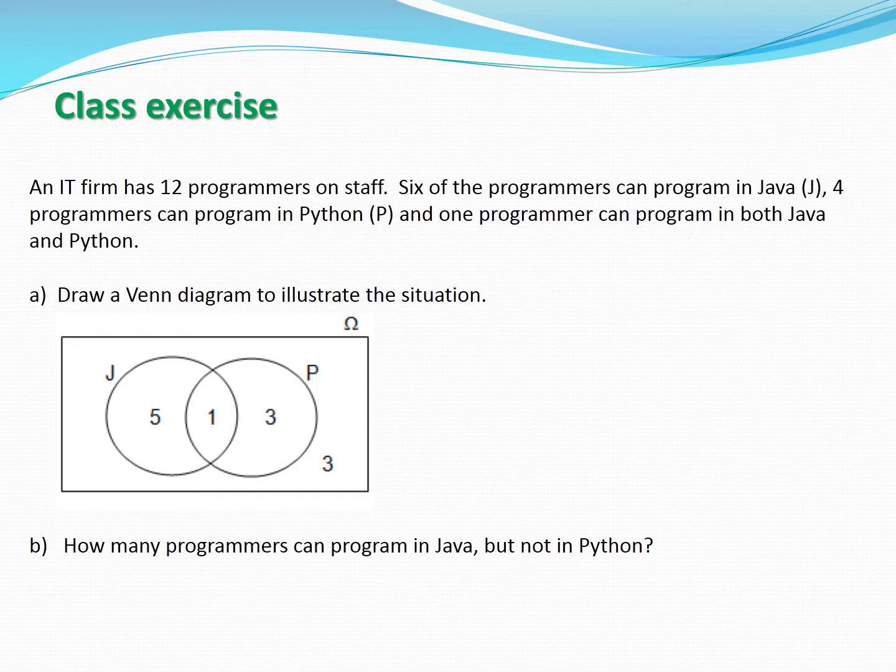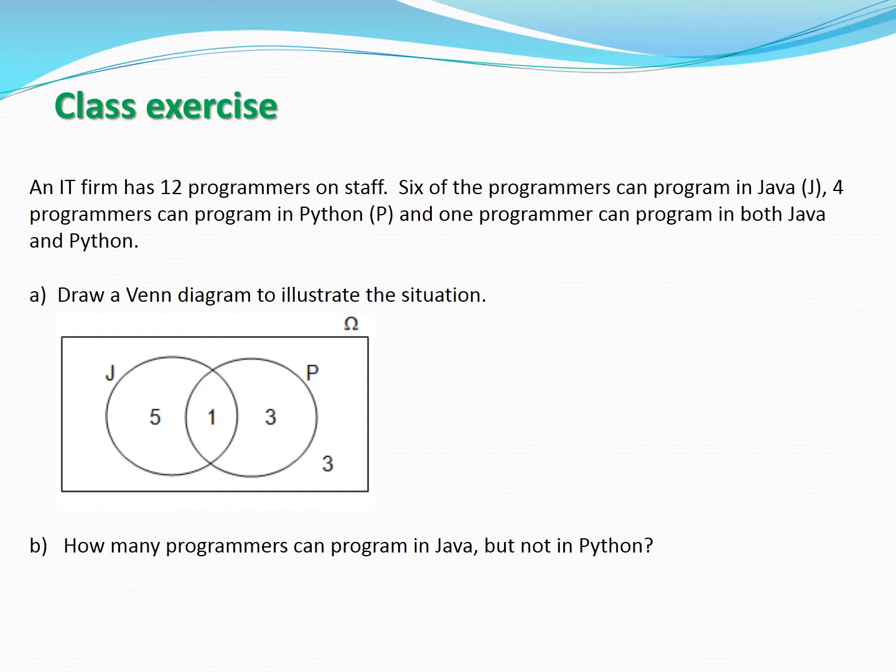And since I have a total of 4 Python programmers, and there was 1 that can program in both Java and Python, it means that the Python only part will only consist of 3 programmers. So if you look at that union, it adds up to 9 programmers.